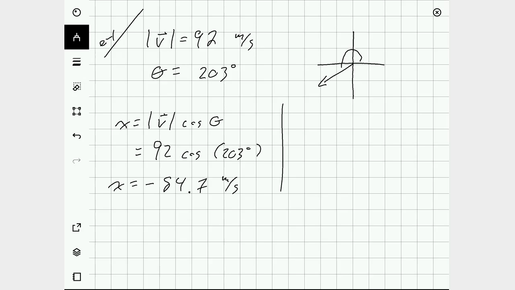Similarly, y is the magnitude times the sine of theta, which means 92 times the sine of 203 degrees.